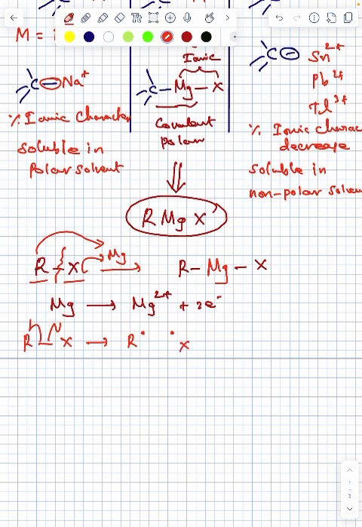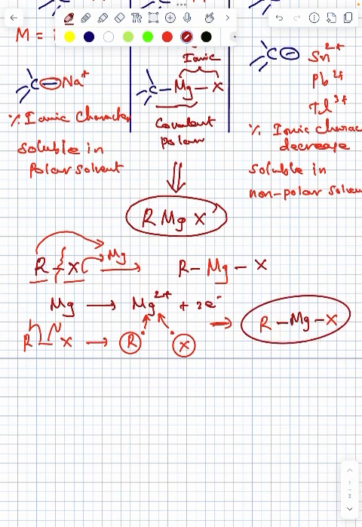These two electrons connect to the magnesium. So as a result, I get RMgX. From this Grignard reagent, I can expect that the R group is a nucleophile.